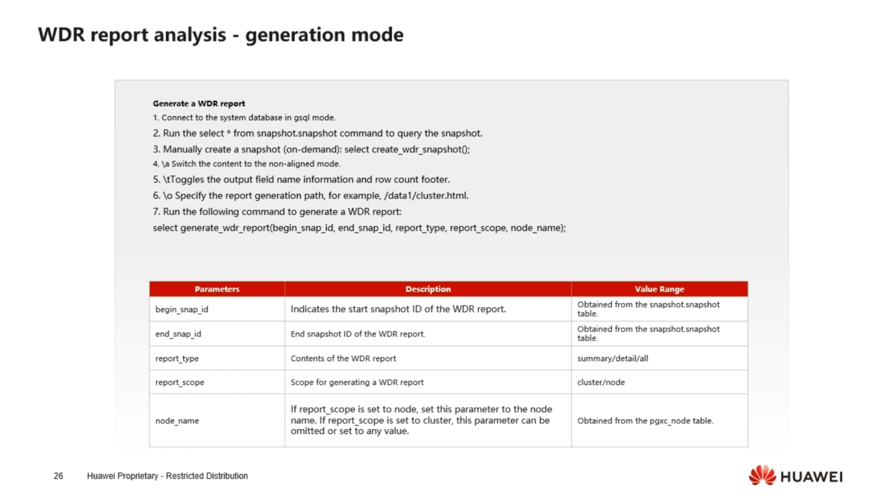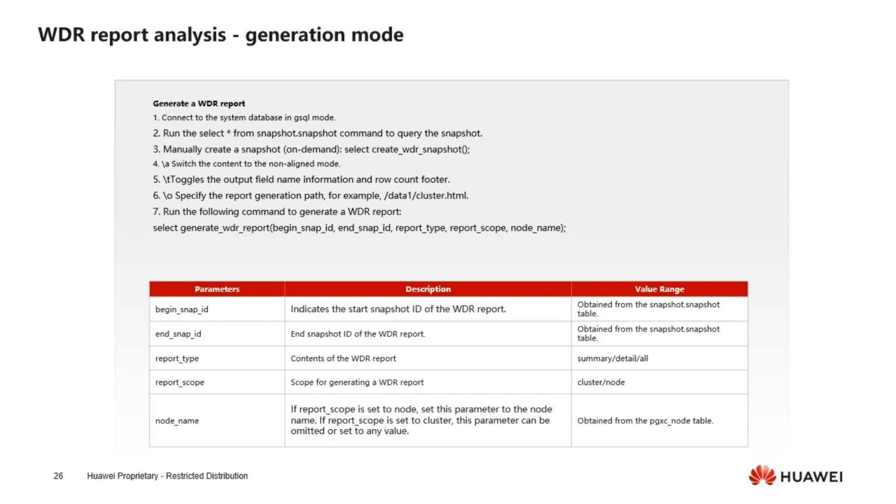We may wish to query the snapshots beforehand through a view called snapshot in the snapshot schema. Or if we haven't got enough snapshots yet, as I said that 2 are required, we need to use the create_wdr_snapshot function to actually create them.